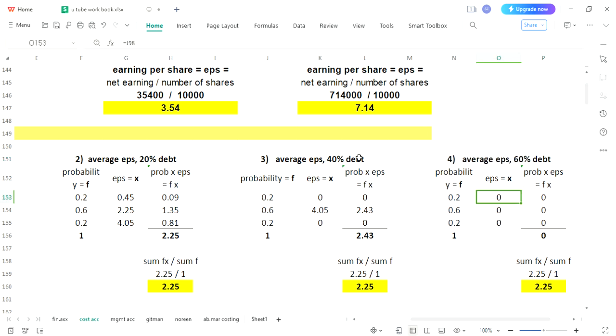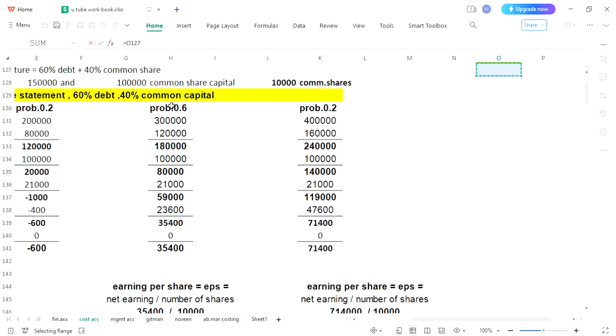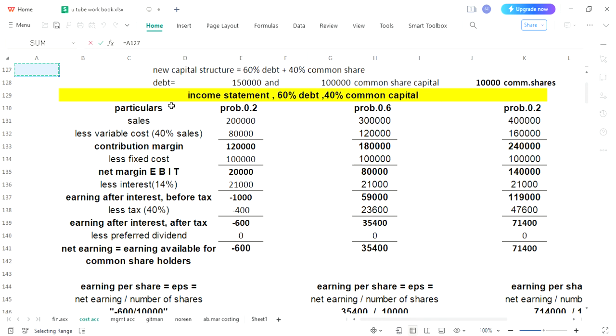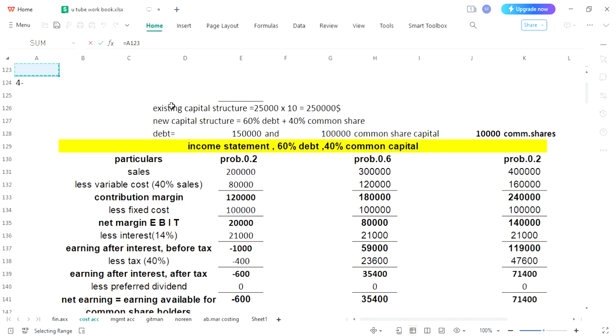These calculations are now not needed. Let's remove them. These are also not needed. Okay, we will now put EPS for the fourth part. This is your fourth part we have already calculated. So, first EPS for the fourth part. Look over here. This is your fourth part, and here it has been mentioned that it is 60% debt.